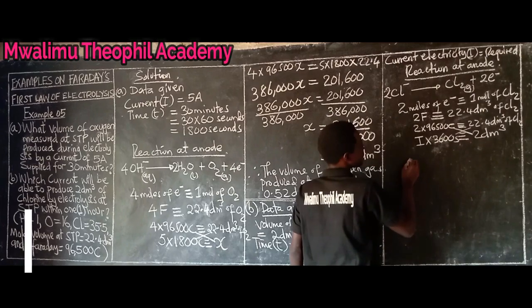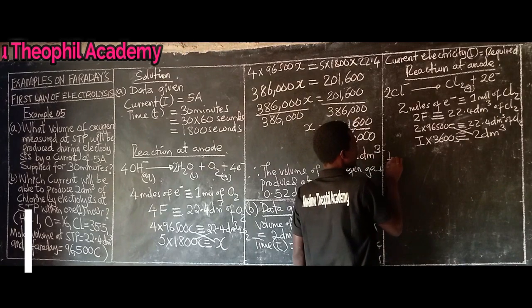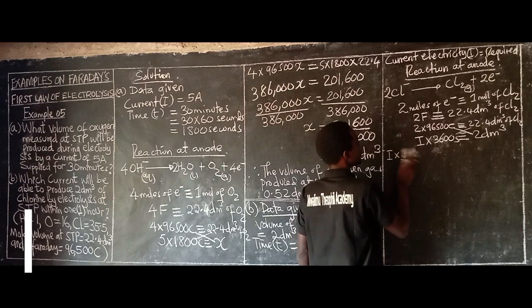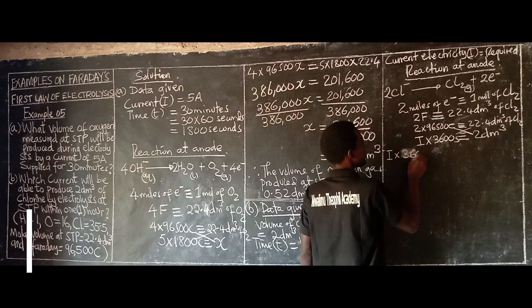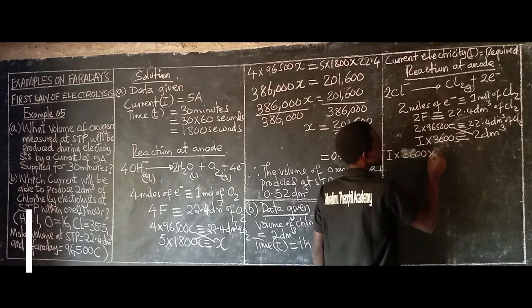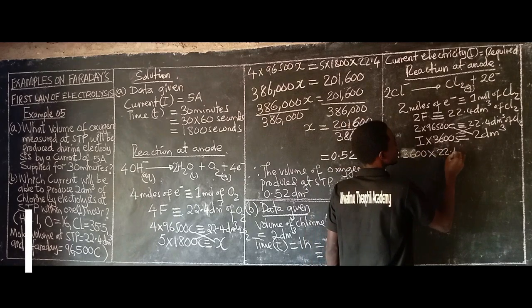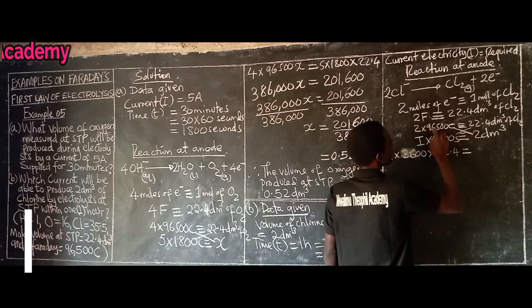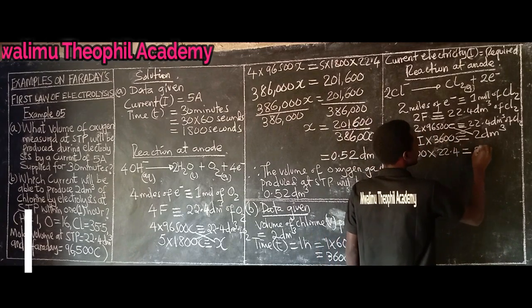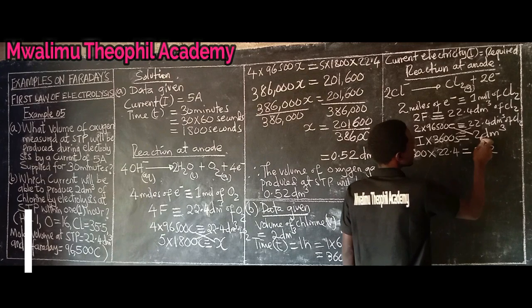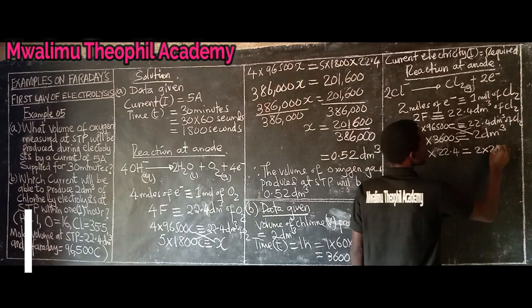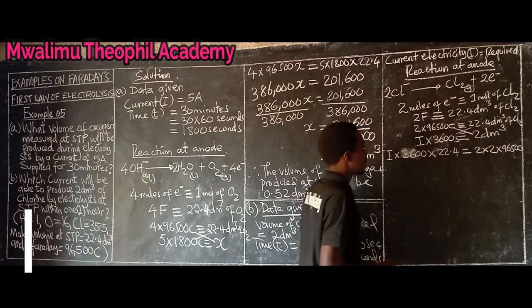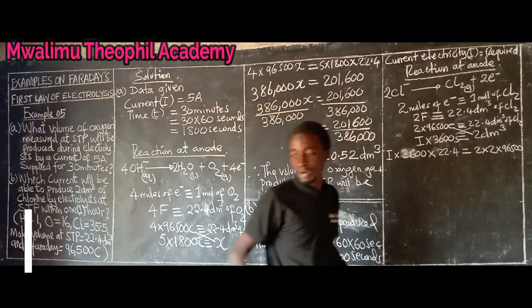When we cross multiply, we take I times 3,600 seconds times 22.4 decimeter cubic, which will be equal to 2 times 2 times 96,500 coulombs.